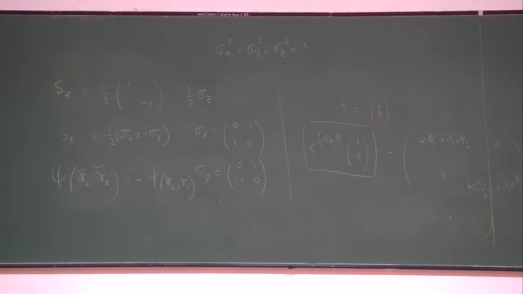Then, how many electrons can be there in n is equal to 2? n is equal to 2 means L is equal to 0, comma 1. In L is equal to 0 and 1, the 0 can be spin up and spin down, and 1 can be 1, 0, minus 1, each with spin up and spin down.